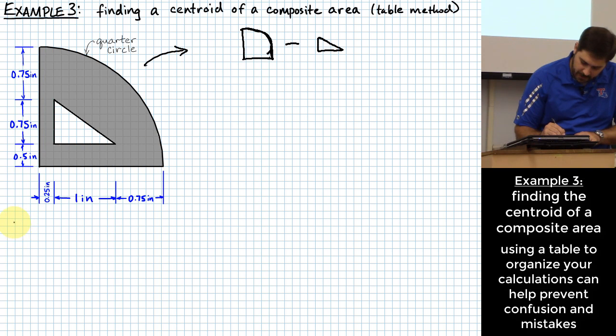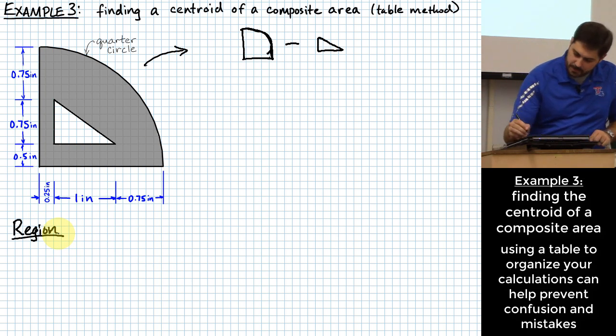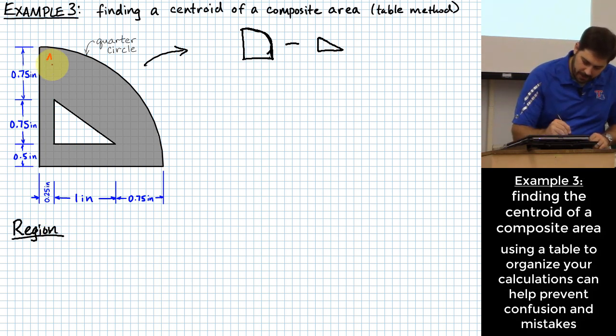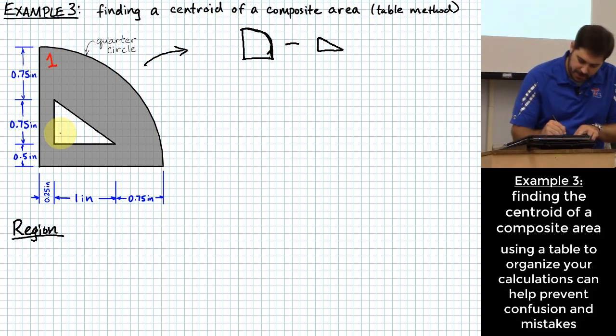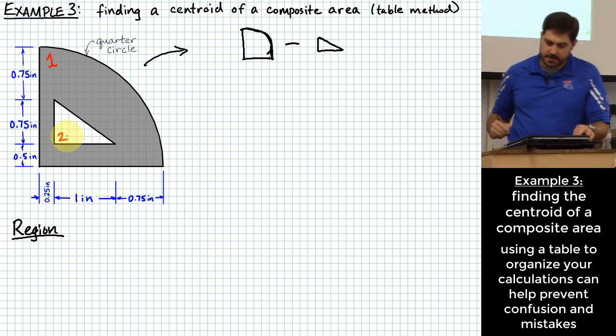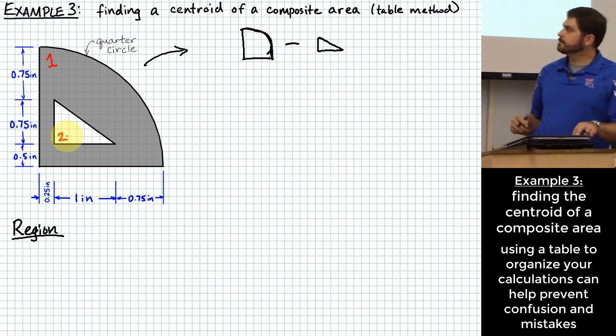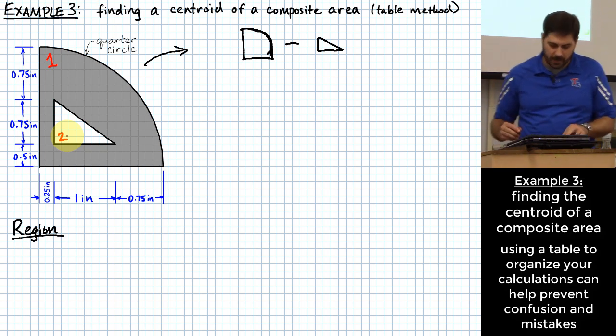Okay? I'm going to define two different regions. I'm going to put them in this table. So let's say my region 1 is the quarter circle, and my region 2 is the triangle here. Okay?